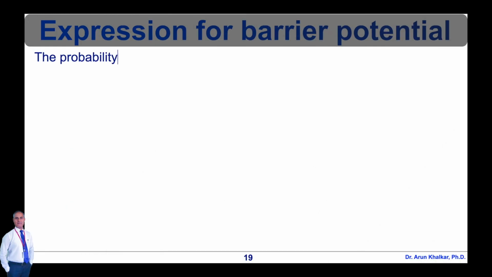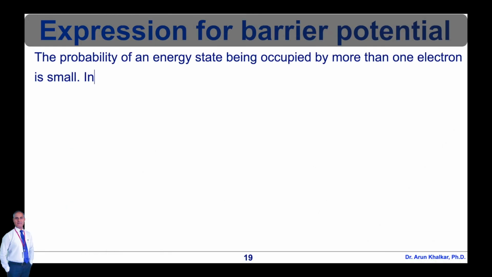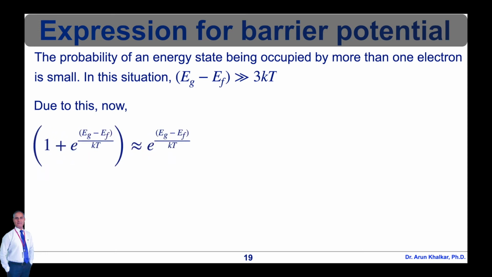When the number of particles is very small compared to the available energy levels, the probability of an energy state being occupied by more than one electron is small. In this situation, Eg minus Ef is very much greater than 3 kT. Due to this, 1 plus exponential of Eg minus Ef upon kT is nearly equal to exponential of Eg minus Ef upon kT.